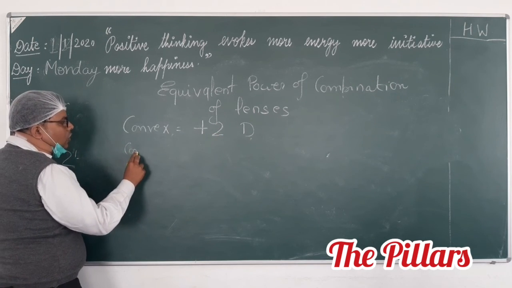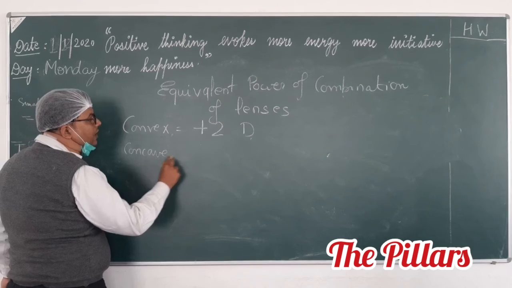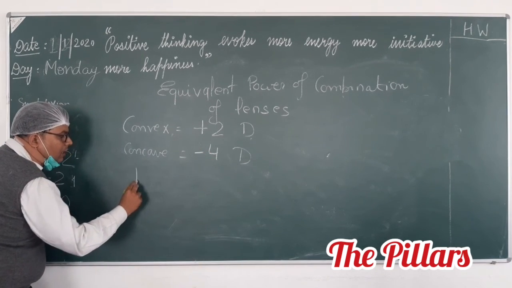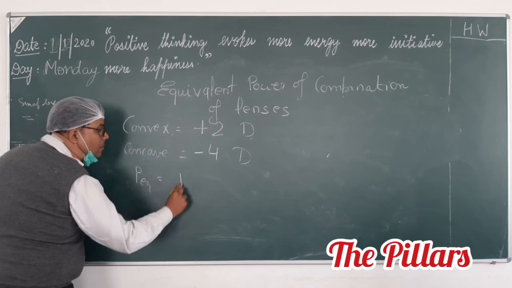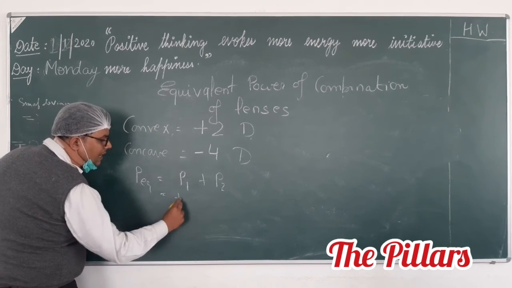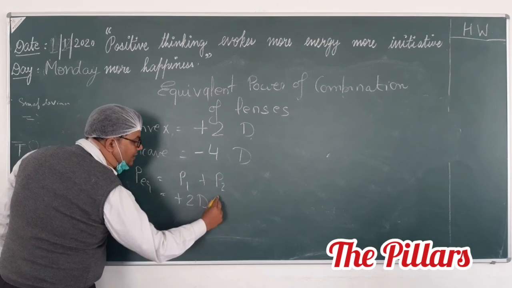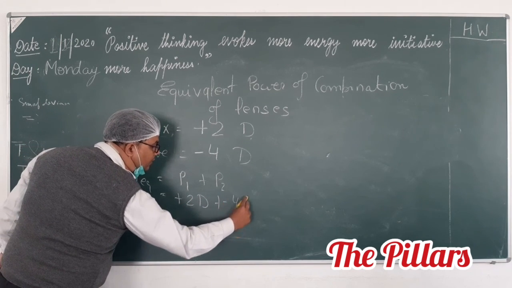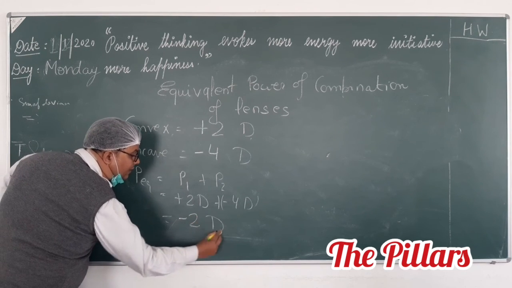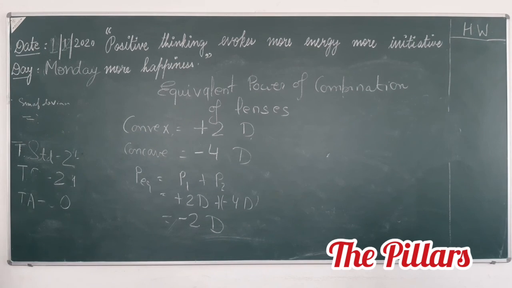And the other is a concave lens with power minus 4D. What is the P equivalent formula? P equivalent is equal to P1 plus P2. P1 is plus 2D and that is minus 4D. So your equivalent is minus 2D. The combination will behave as a concave lens. Got it? Simple, right?